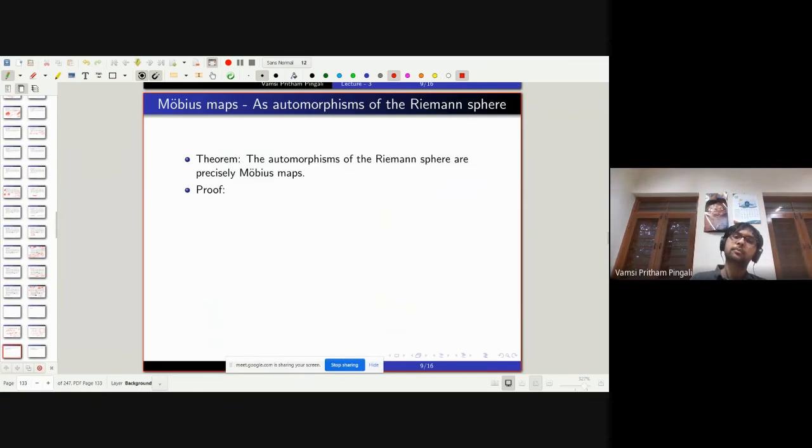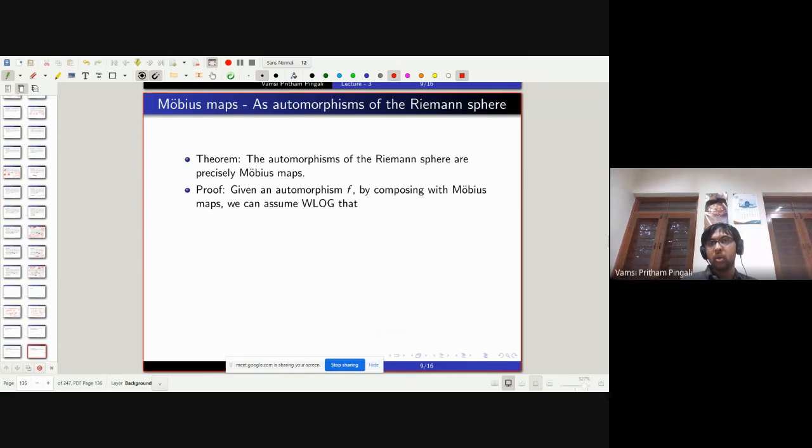So, proof. Given an automorphism f, by composing it with Mobius maps, we can assume without loss of generality that f of 0 is 0, f of 1 is 1, and f of infinity is infinity. Why is this true? What does the statement mean, and why is it true?